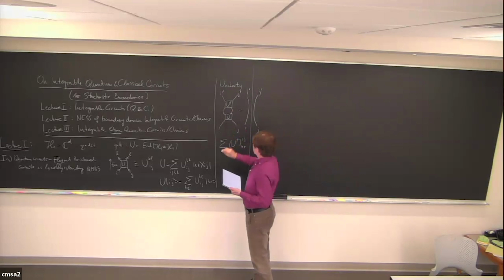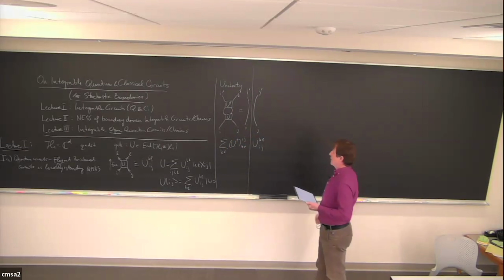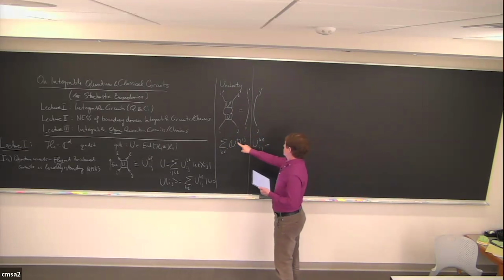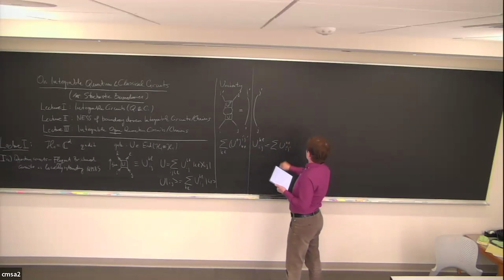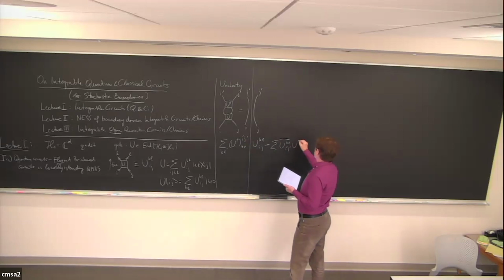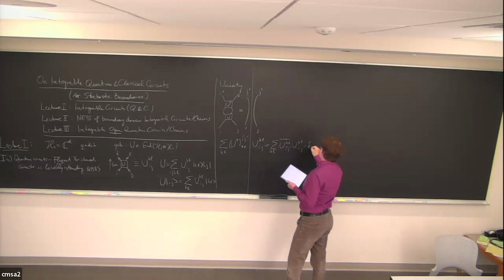So these two indices are summed over; let's call them K and L. Now, this is like multiplying two matrices, right? But since this is the Hermitian conjugate, I have to swap the indices and put a complex conjugate. So this is KL, IJ. This one is I prime, J prime, and this is a complex conjugate, right? And now this is just unitarity, right?